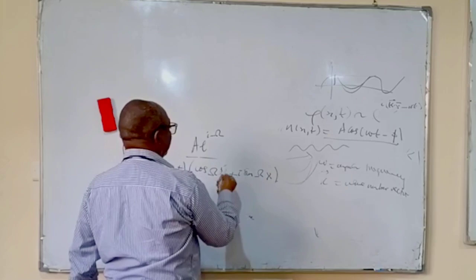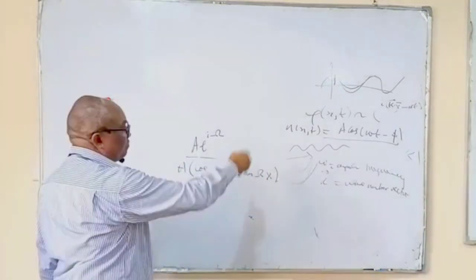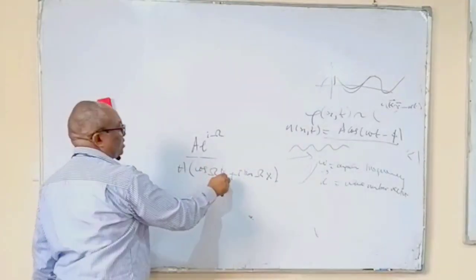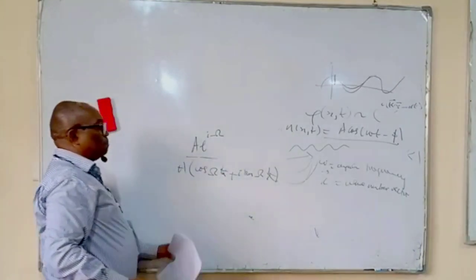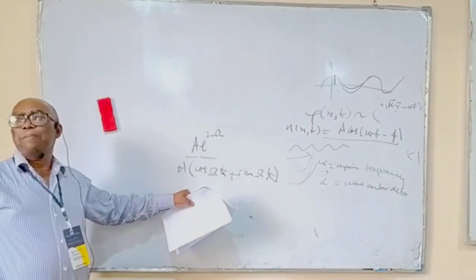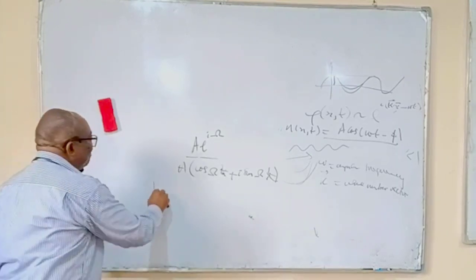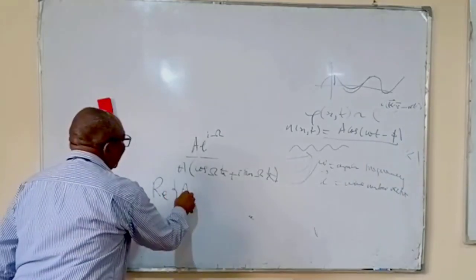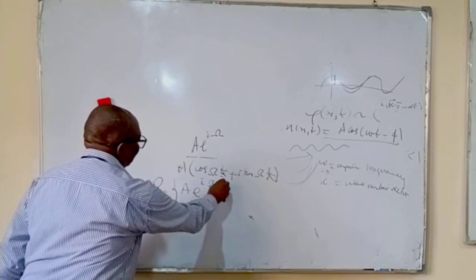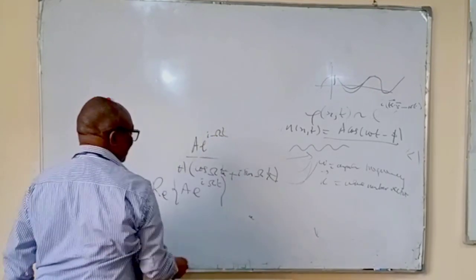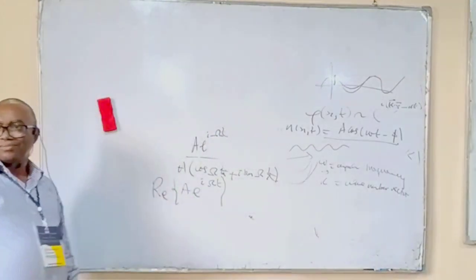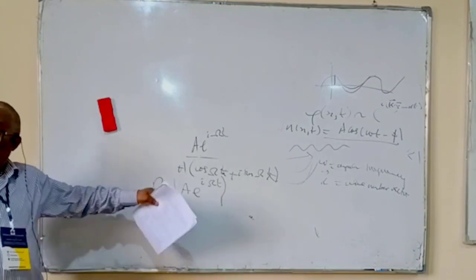For example, if you're looking at x, because it's a function of, okay, let's say t, that's a t. So, what is most important in the wave phenomena is the real value of A e^(i omega t). Okay? The real value.